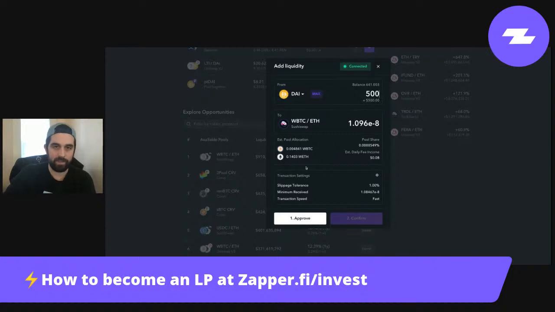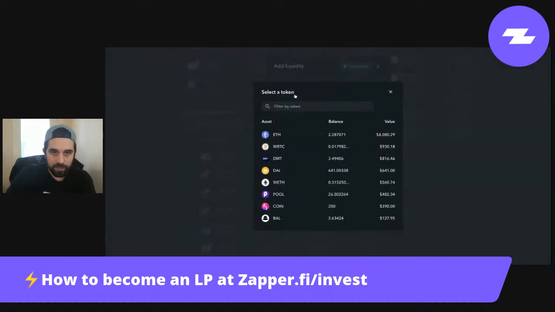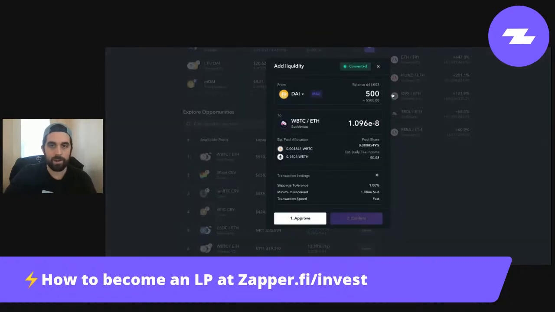And so the only difference here, subtle difference in what I just showed with Ether, is with any ERC20 token, if you're new to this, any token other than Ether is going to require you to give an approval to spend that token. With Ether, you don't have to, because it's the native token of Ethereum and you can just send it.